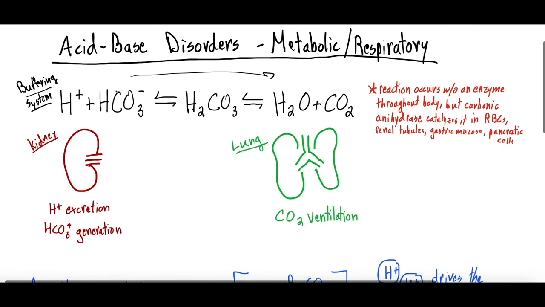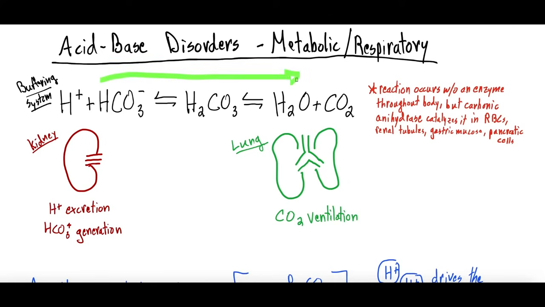Now, when the body has too many hydrogen ions and is going to get acidotic, the equation will shift this way, and it'll create more water and more carbon dioxide that you breathe out. Because of that, the pH of the blood will remain normal.